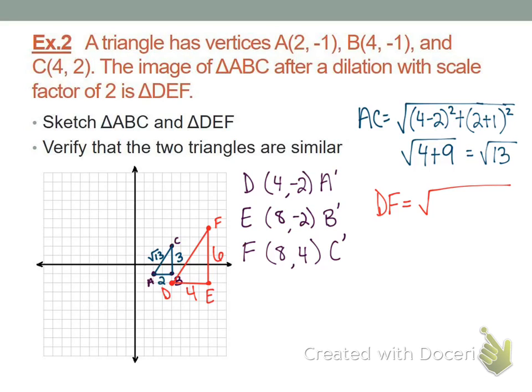What's my x minus x going to be for DF? 8 minus 4 squared plus y minus y. 4 plus 2 squared. 8 minus 4 squared. 4 plus 2 squared. When we add them together, square root of 52, that will simplify.